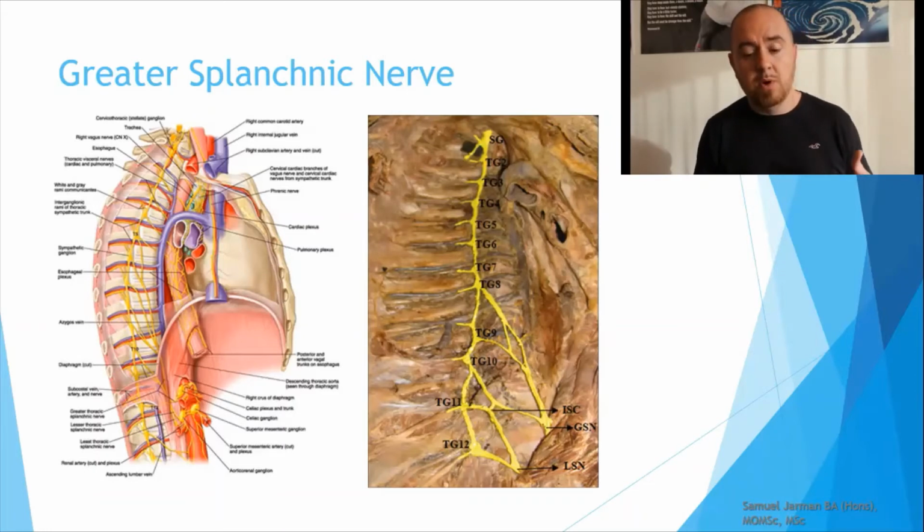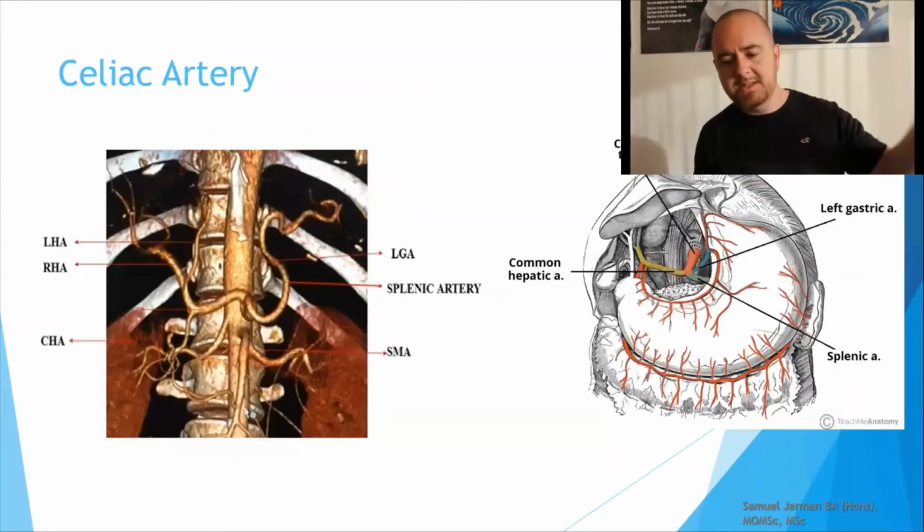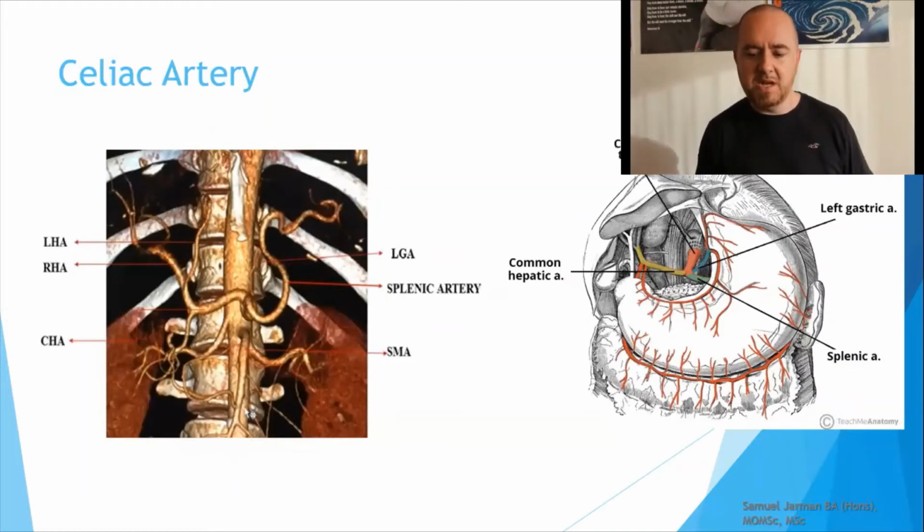But what you then see is the celiac artery. The celiac artery is the first unpaired artery coming off of the abdominal aorta, and it supplies the foregut.